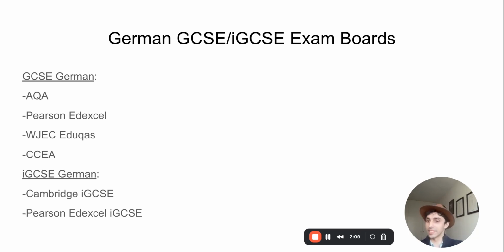So no matter what exam board you're studying, whether that's AQA, Pearson Edexcel, or Cambridge iGCSE, for example, you should carry on watching this video because it will be important for you. Every German GCSE or iGCSE student needs to know about German word order and how that works. So carry on watching, but do make a note of which exam board you're studying, as it's useful to know anyway.